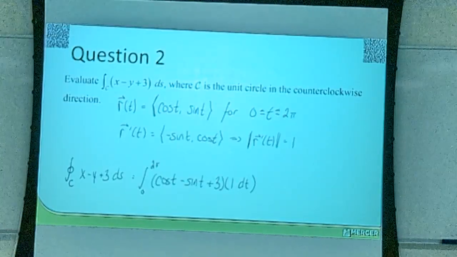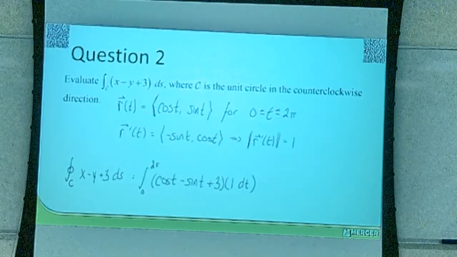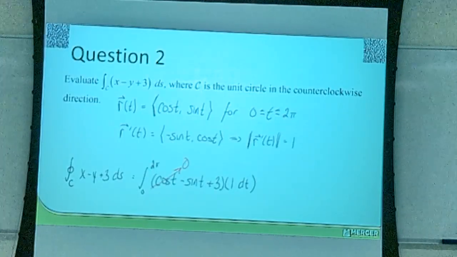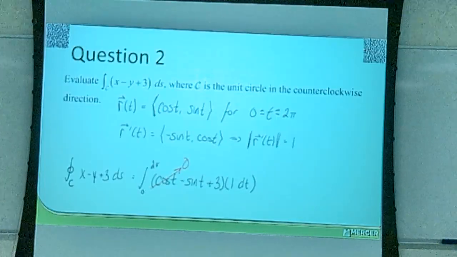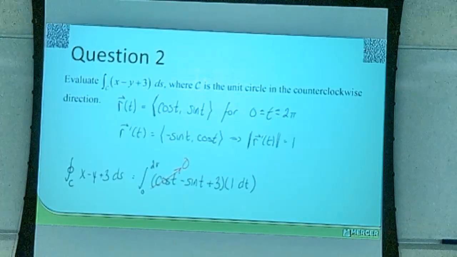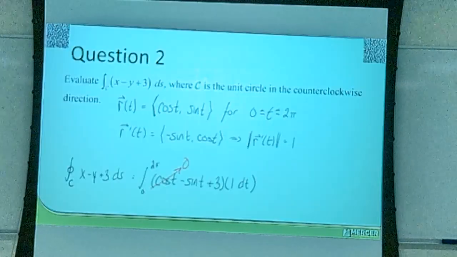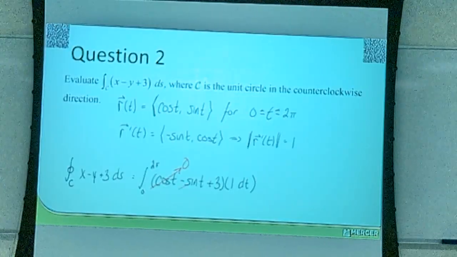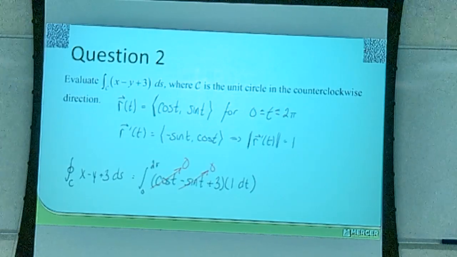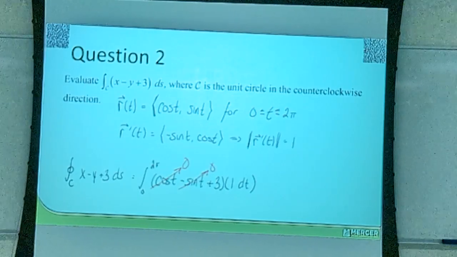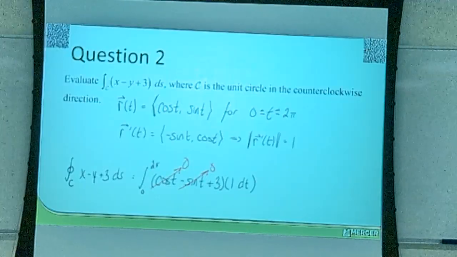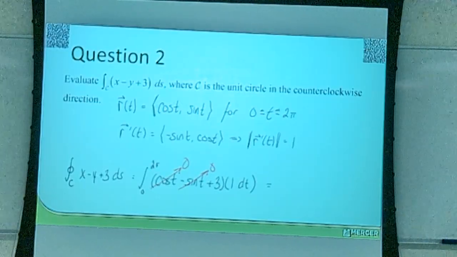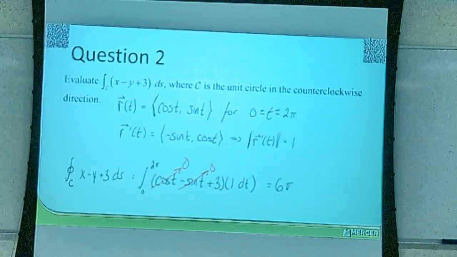Look at what we're integrating, 0 to 2 pi. We're integrating over one full period of cosine, so it's automatically 0. Same thing for sine. We're integrating over one full period of sine, so that's automatically 0. We're just left with 3 dt from 0 to 2 pi, which is just 6 pi.